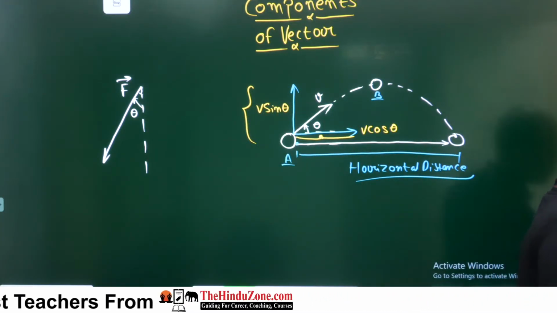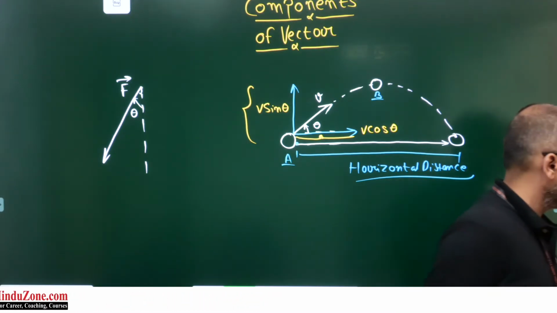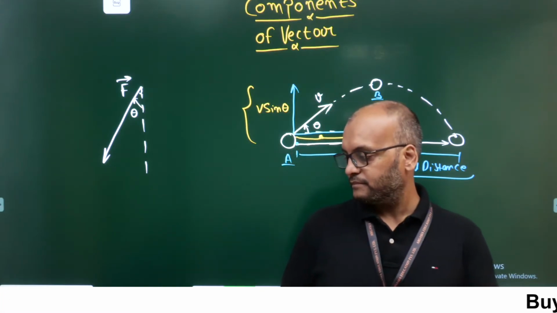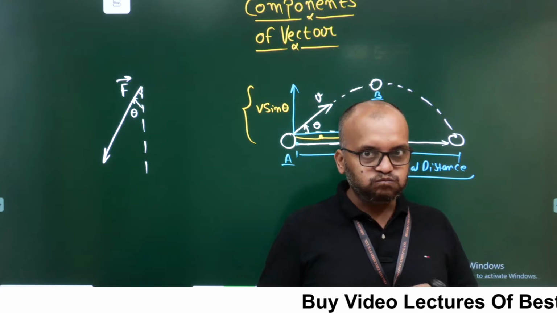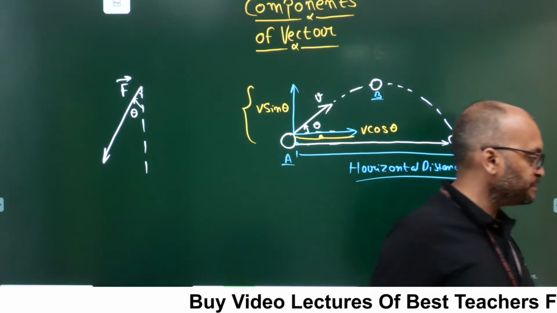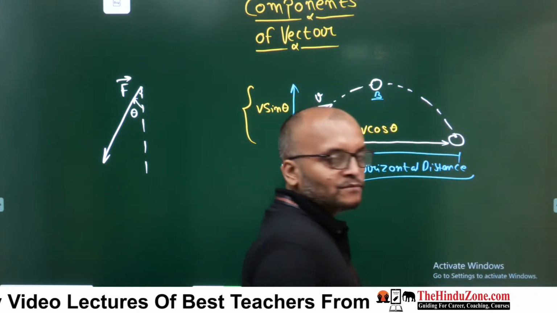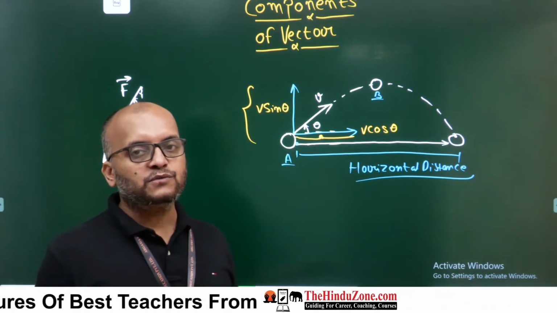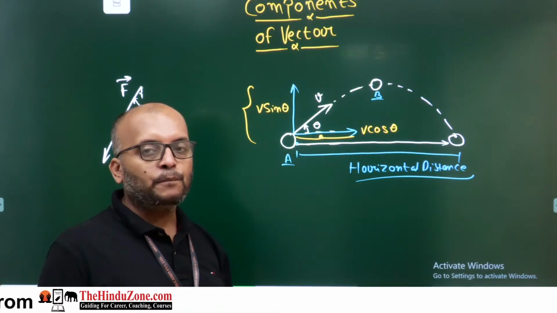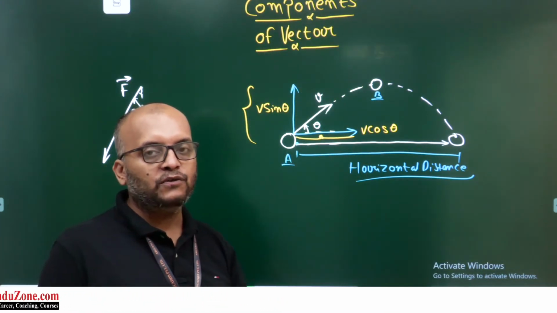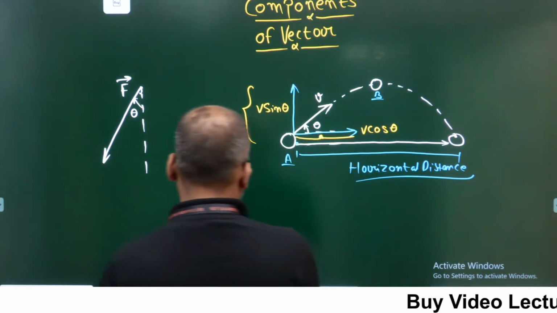So tell me what are the two components and what are their directions? That this vertical component is the sine component, this is the cos component. Vertical in which direction? Vertically upwards, vertically downwards. What do you mean by vertical? Vertical means this. So where is the component going? It is going up, it is going down. Where? Vertically downwards. Yes.